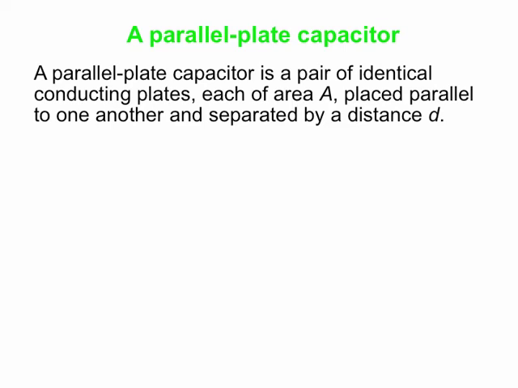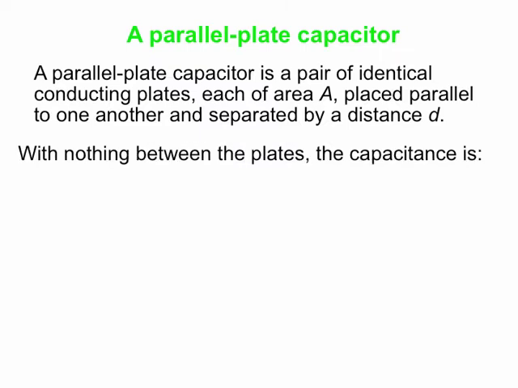Okay, so again, what is it? It's a pair of identical conducting plates. They each have area A. They're parallel to each other, separated by some distance d. So we define something we call the capacitance. Well, here it is. And one thing it is dependent on is the geometry of the capacitor itself. Okay? So here is the capacitance.